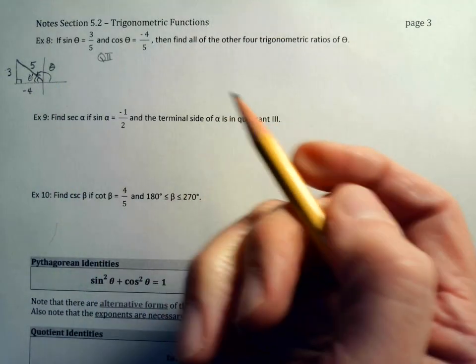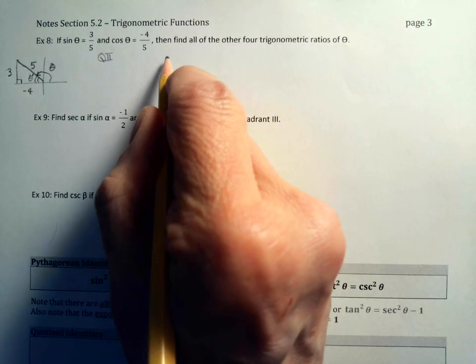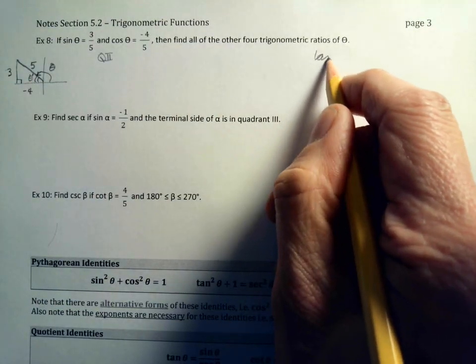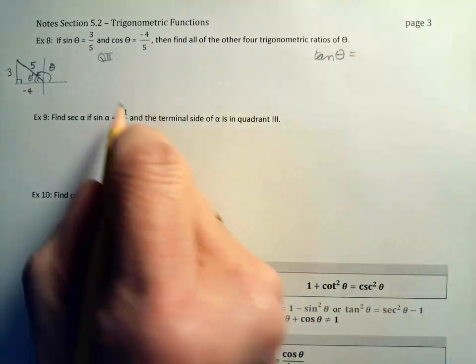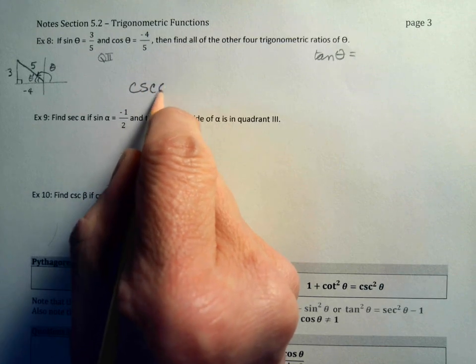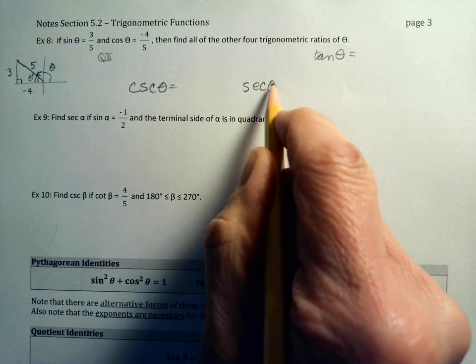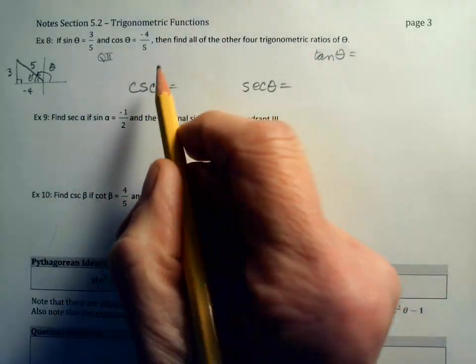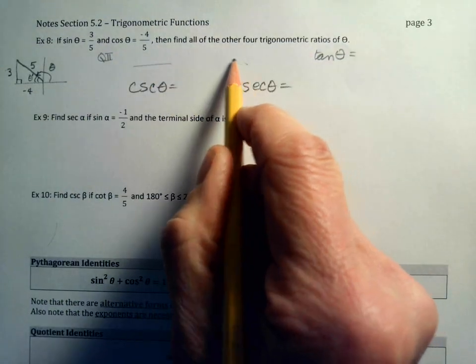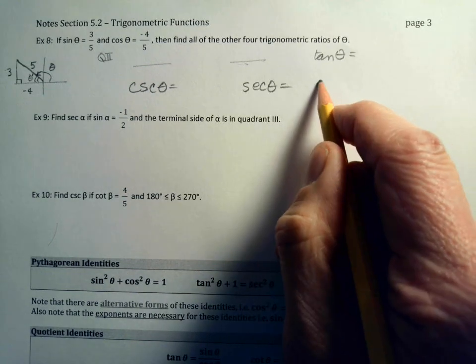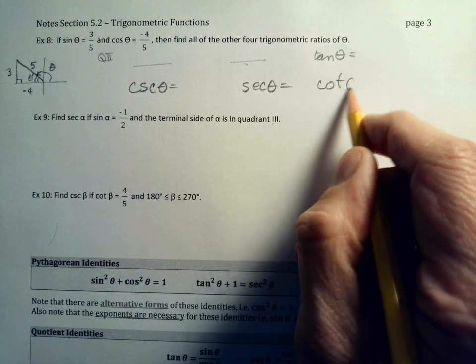Okay, so we already know sine and cosine. I'm going to put them in the same order: tangent theta, cosecant theta, secant theta, and we need the cotangent theta as well.